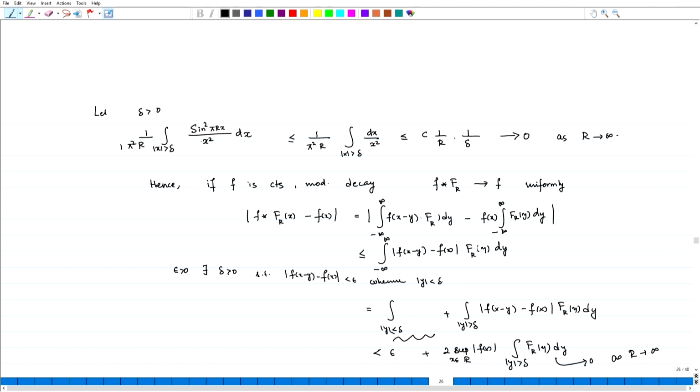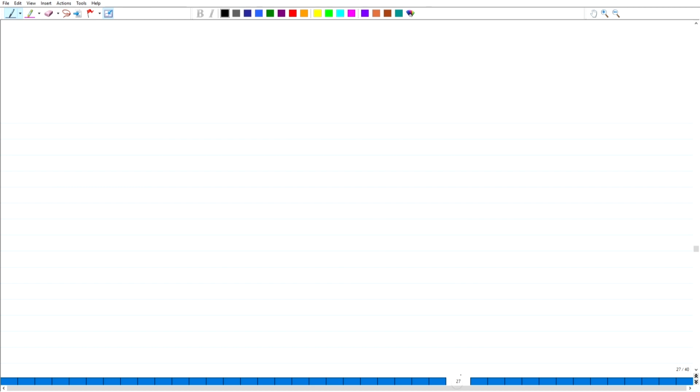Okay, so there you know the Fejer kernel, there it was looking as f convolution of F_n in the series case is equal to the summation over minus n to n of 1 minus mod j by n, f hat of n, e to the power 2 pi i n x.